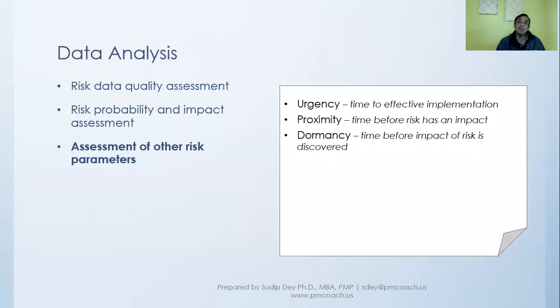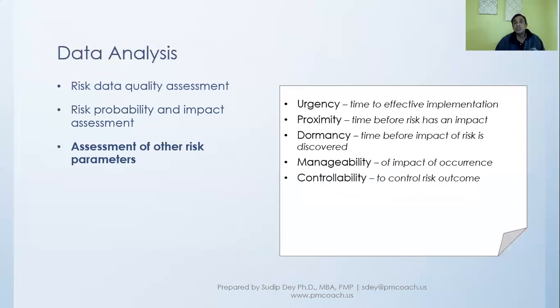Dormancy, the time before the impact of the risk is discovered. If we discover it after quite some time, or we discover it immediately, that is also going to affect how we prioritize the risk. Manageability, how we can manage the risk. Then controllability, how much control one has on the final outcome. That can also help us decide the priority. Then detectability.